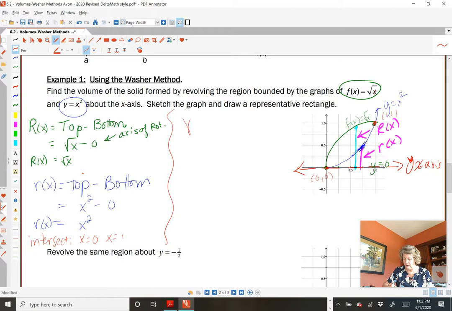Now for the volume equation. Volume equals pi integral from 0 to 1, those are our points of intersection, big R of x quantity squared minus little r of x quantity squared.